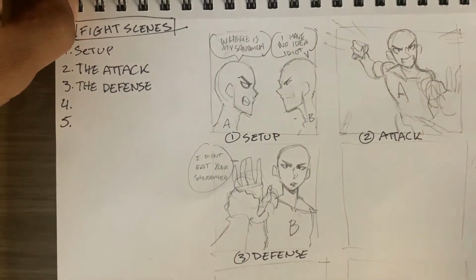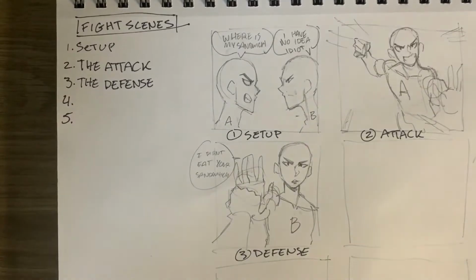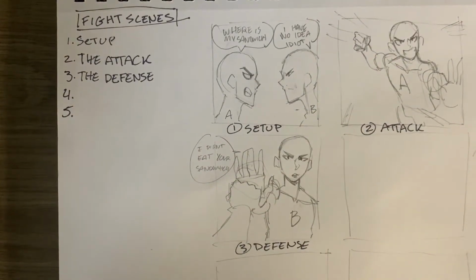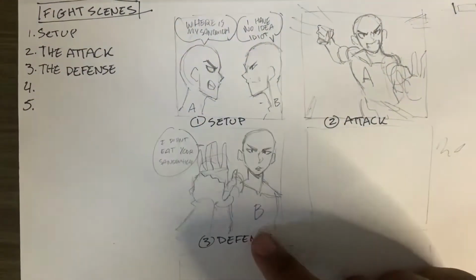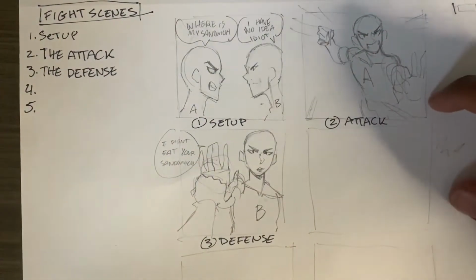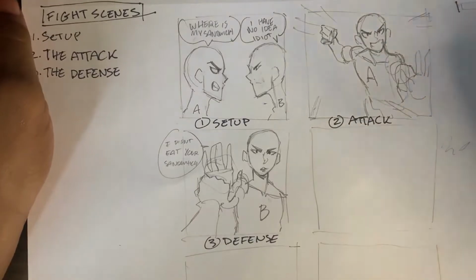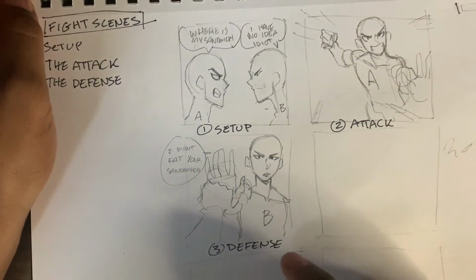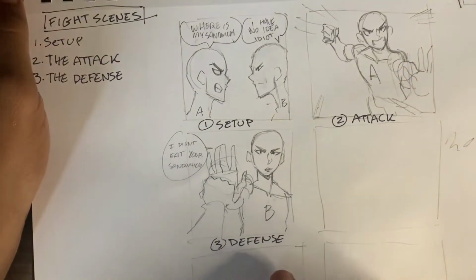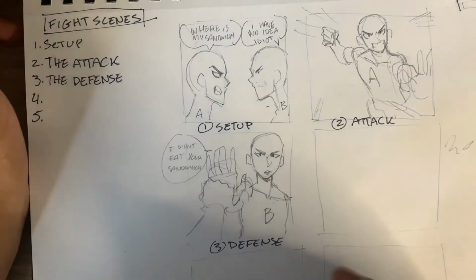And then after that, what's cool about fight scenes is it's a cycle. You can either move on to step 4, or you can go back to step 2, where character A attacks character B again. But usually character B is on the defensive, and he's like, okay, you're attacking me, so I'm going to attack back.